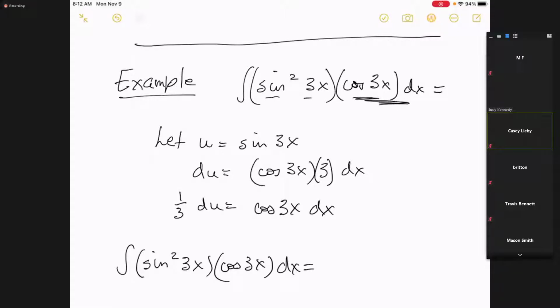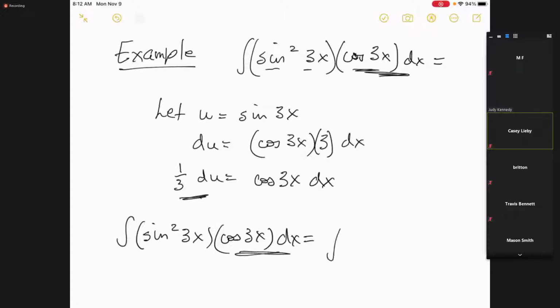Okay, so cosine of 3x dx gets replaced by 1/3 du. And sine of 3x is u, so that's just u squared.